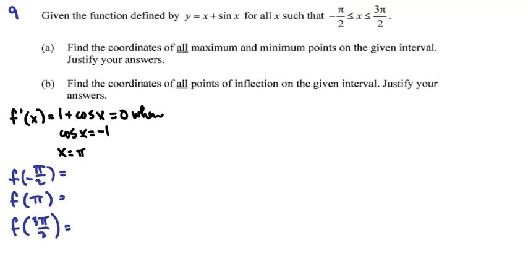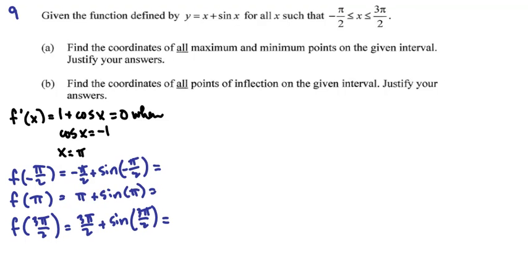Remember, we're looking for actual values in the function, so we have to go back to the original function here. And the original function is x plus sine x. Well, sine of negative pi over 2 is negative 1, so we end up with negative pi over 2 minus 1. Since sine of pi is 0, we end up with pi. And 3 pi over 2, sine of 3 pi over 2 is also negative 1, so we get 3 pi over 2 minus 1.